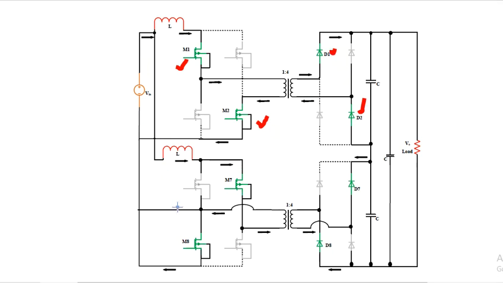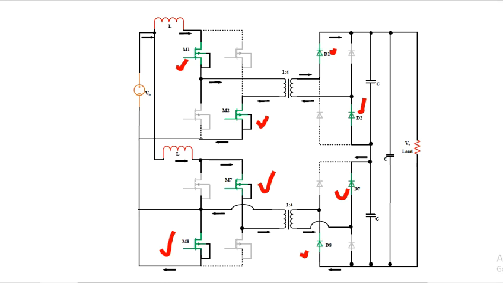In the lower leg, MOSFET M7 and MOSFET M8 and diode D7 and diode D8 are on at the same time. The other switches and diodes are in off state in mode 1.